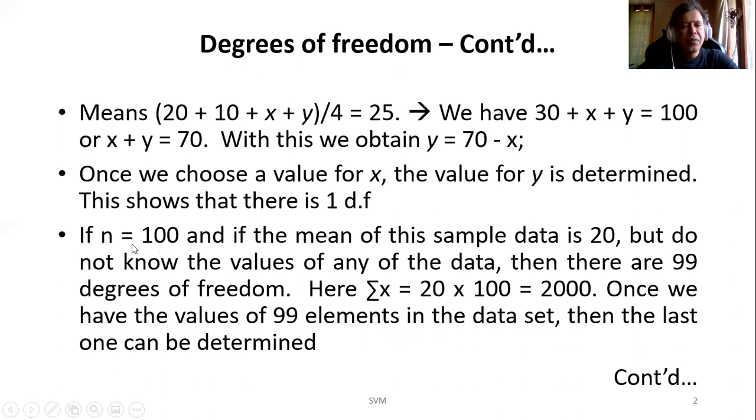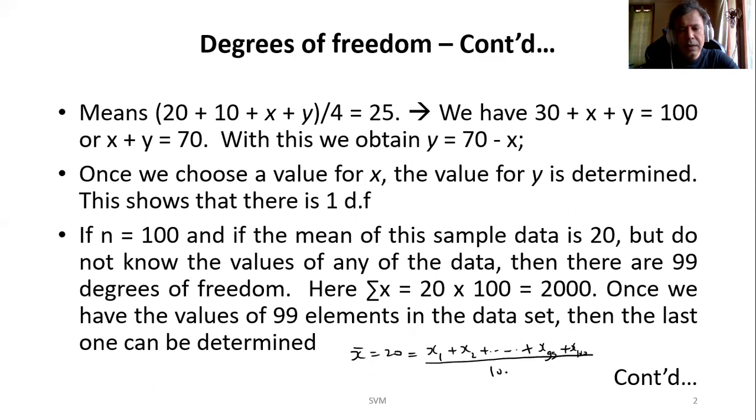If the number of observations or the sample size is 100, and the mean of this sample is 20, but we do not know the values of any of the data, means what? x bar is 20, and there are 100 observations. So I will say x1, x2, and so on up to x99, x100. How many observations?